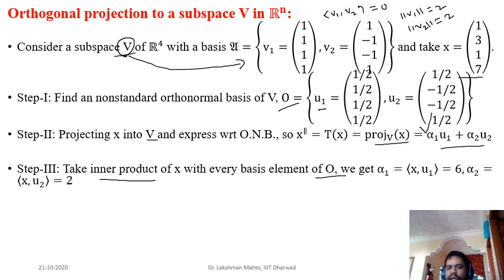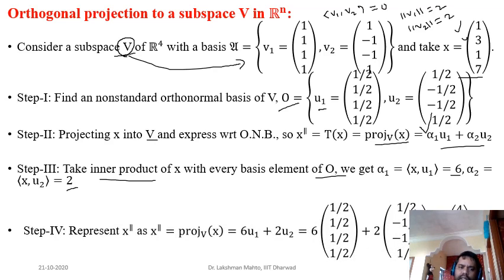So alpha 1 would be the inner product of x with u1, and if you simplify it, you will get 6. Similarly, take the inner product of x with u2, and you will get alpha 2. Alpha 2 is coming 2.